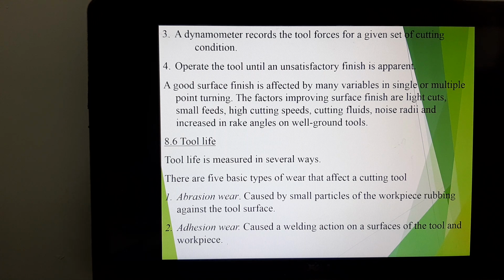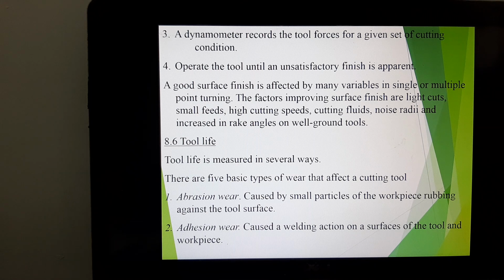Our next topic is tool life. What is tool life? When we talk about tool life, very often we only talk about one kind of tool life, which is abrasive wear. Abrasive wear is when, as you cut and cut, eventually the tool will become blunt, tumpul. In technical terms we say abrasive wear; in layman's terms we say the tool has become dull or blunt.